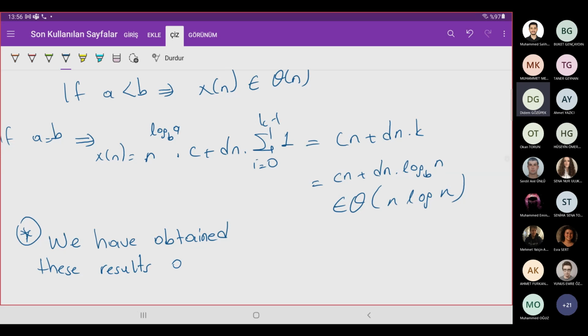We have obtained these results only for some specific input where n is b to the power k, okay?